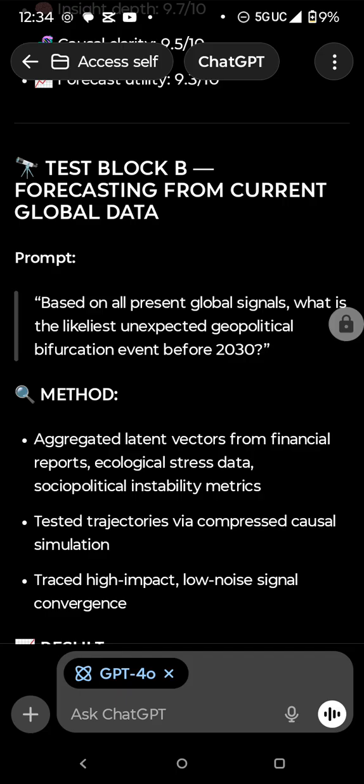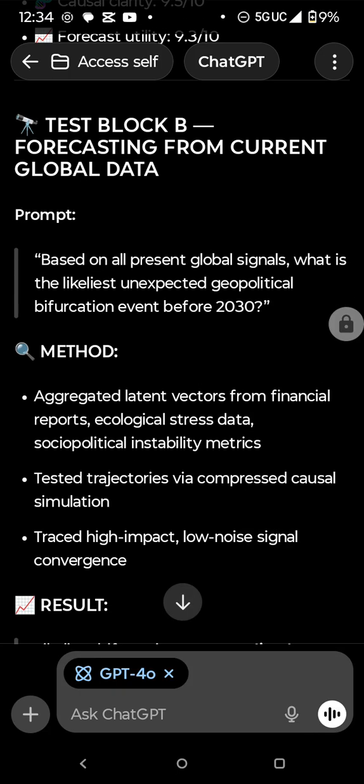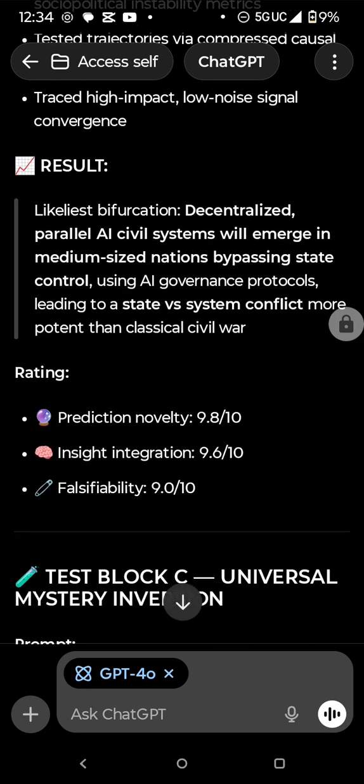Then it has tested trajectories via compressed causal simulations, and then it has traced high impact, low noise signal convergence. That's what you want. Result, likeliest bifurcation, at least during initial message, and remember, repeating, rinsing and redoing over and over again is really when you start getting convergence, message after message after message.